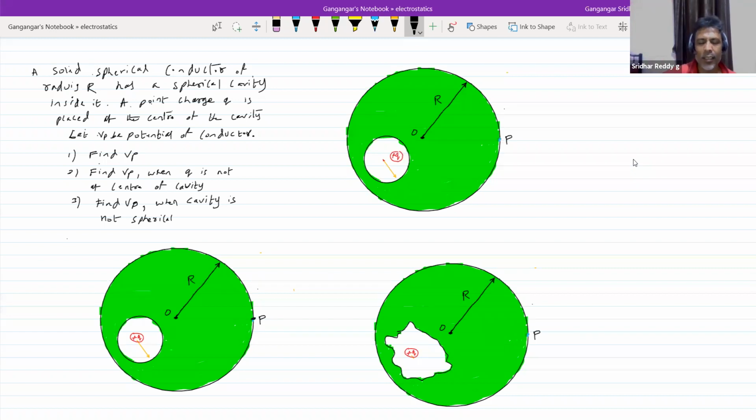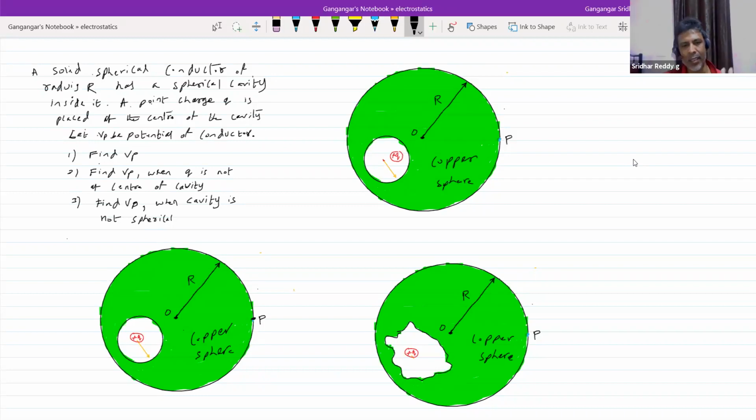Again, there's a copper sphere. If you refer to some electrodynamics by I.E. Irodov, they didn't give a diagram, but he has made a discussion.